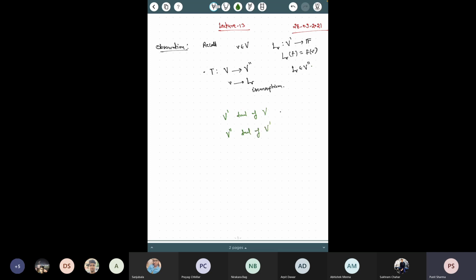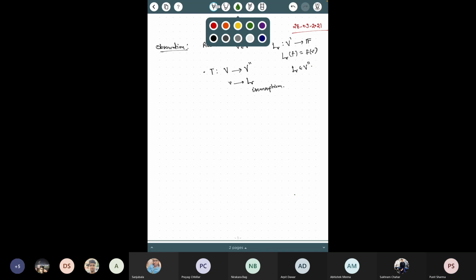But because of this isomorphism, we can identify V double dash with V, in vague language, and say that V is the dual of V dash. So V and V dash are naturally in duality with each other because of this isomorphism. This is what we can keep in mind, and then we can talk about the following.